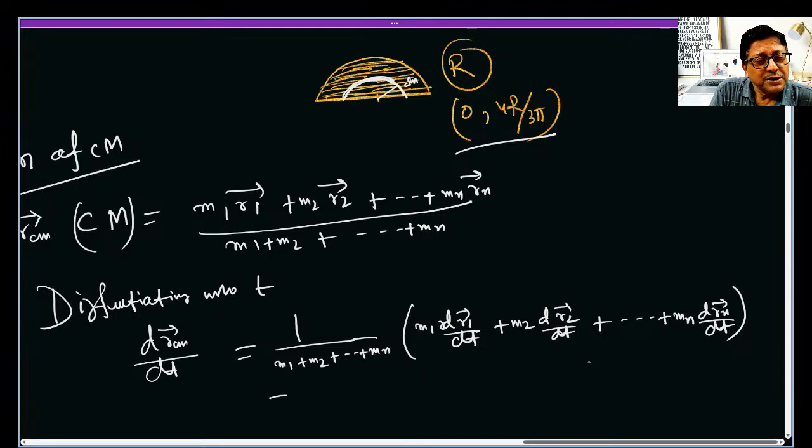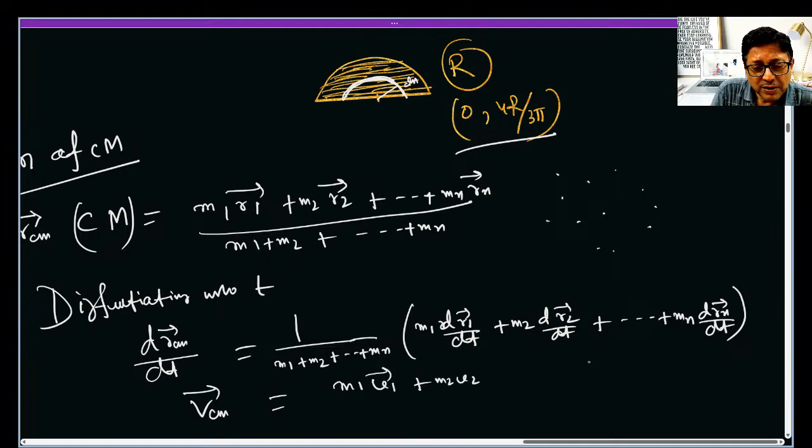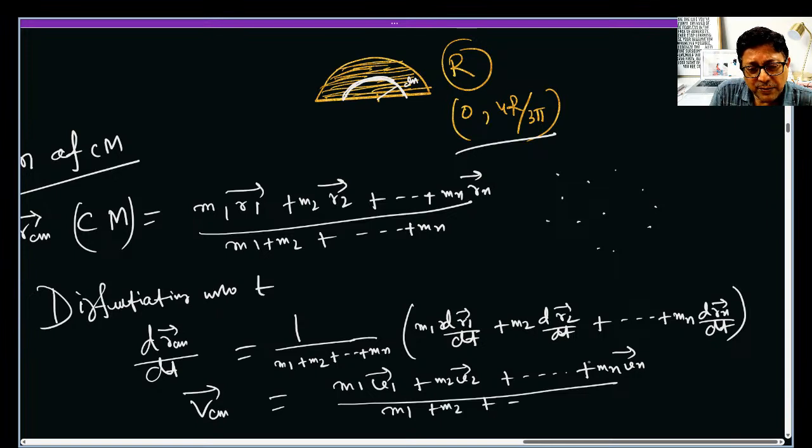Clear? What is dr1 by dt? It consists of many particles, m1, m2, mn. dr1 by dt is the velocity of the first particle. So write Vcm equal to m1 v1 plus m2 v2 plus mn vn by m1 plus m2 up to mn.